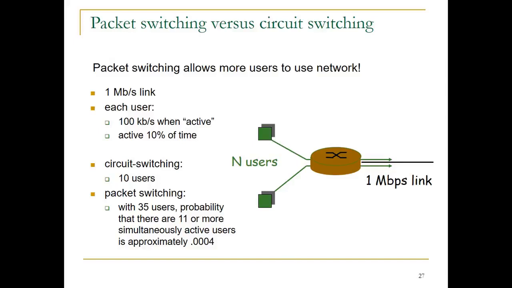And so 10% of the time is just what has been used per given user. But on the other hand, with circuit switching 10 users, with packet switching 35, the probability that there are 11 or more simultaneous active users will result in an approximation of 0.00004 seconds being used for the transmission.